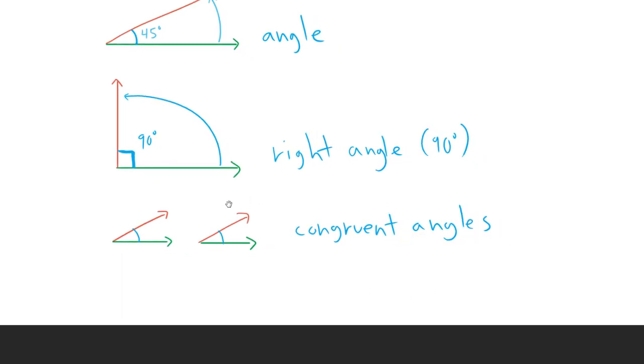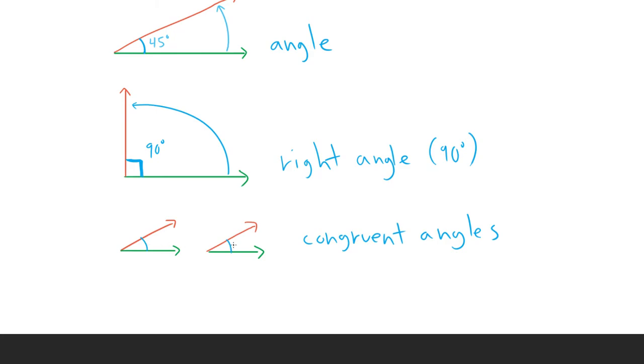All right, congruent angles is pretty much when two angles are the same, we call them congruent angles. All right, when you see congruent, just think same. Okay, so if this was maybe 30 degrees, 30 degrees. Oh, all right. So since they both have the same angle, we call them congruent angles. Same angles. All right. Okay.